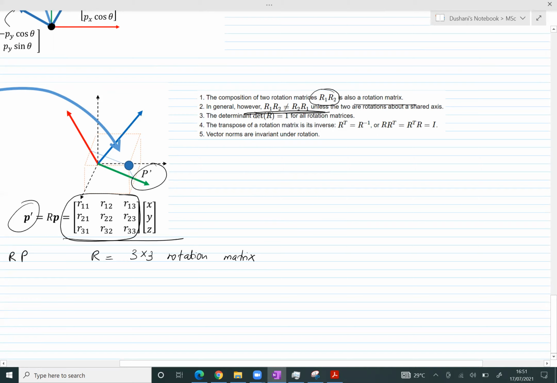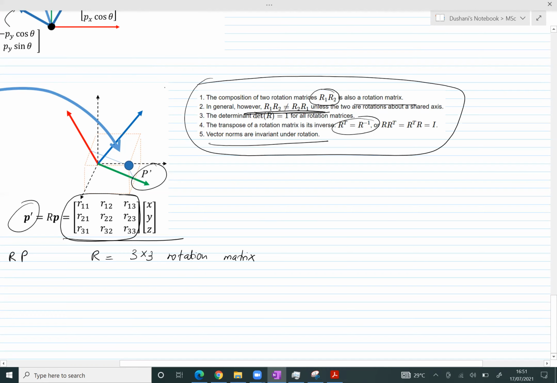The determinant of the rotation matrix is 1 for all rotation matrices. And just like before, the transpose of a rotation matrix is also the inverse. And then vector norms are invariant. Again, these properties are for additional knowledge.